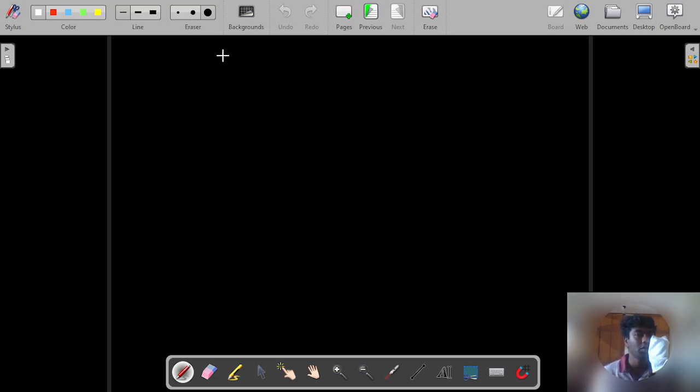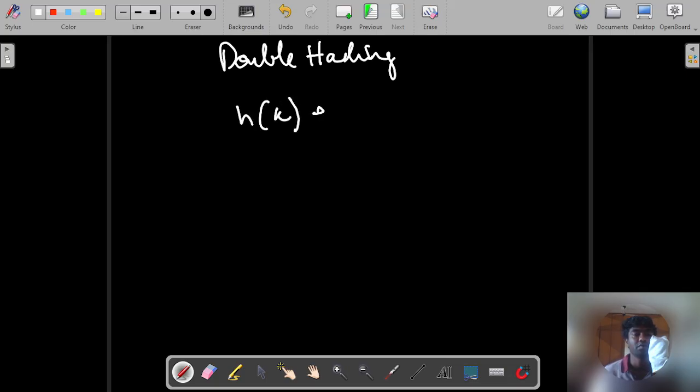So now it's about double hashing. In double hashing, previously what we were doing in linear or quadratic hashing was we were either increasing hash of a key plus 1 or i square in quadratic hashing.